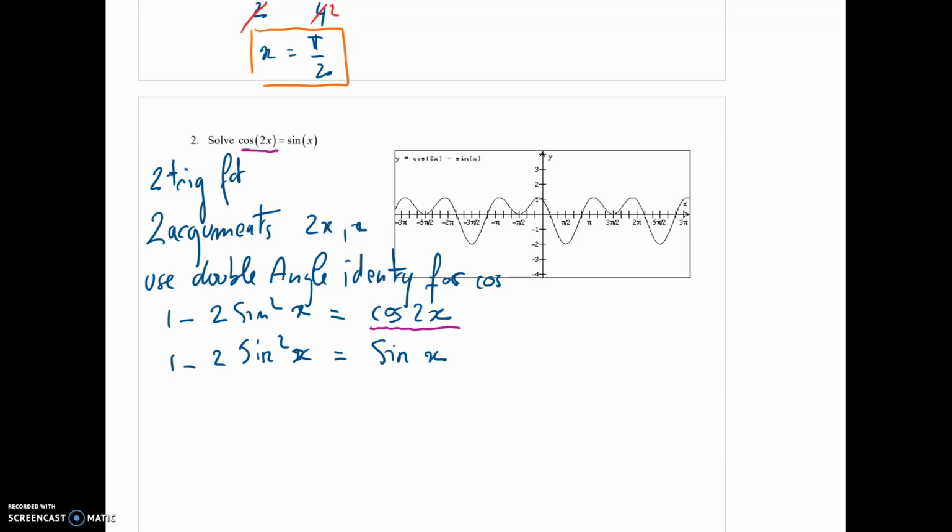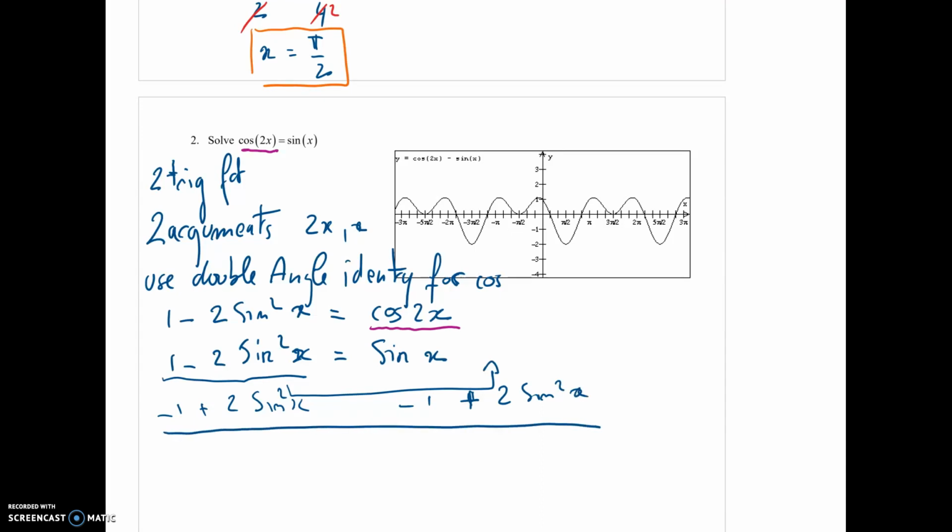Now it's pretty easy, because I'm going to move everything from the left to the right, by subtracting 1 and adding to both sides 2 sine squared of x, and I end up with 0 equals 2 sine squared of x plus sine x minus 1.